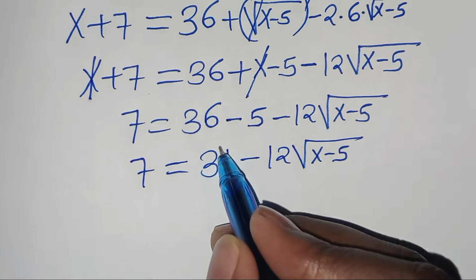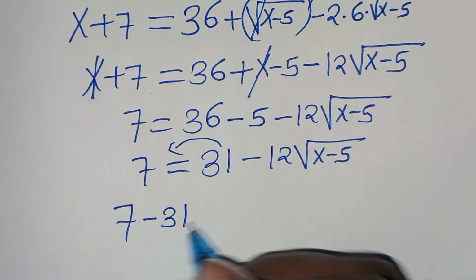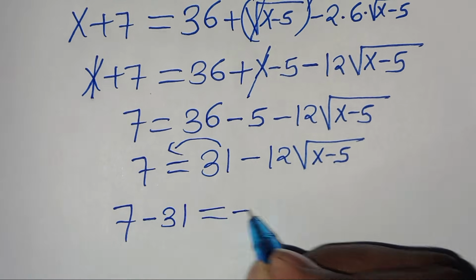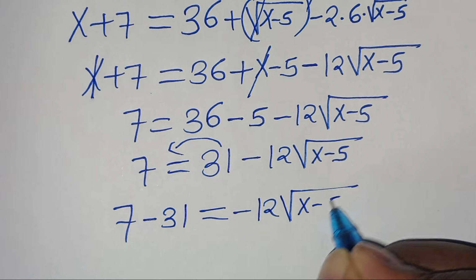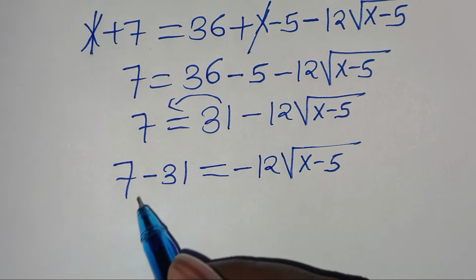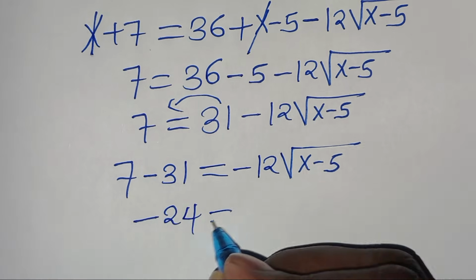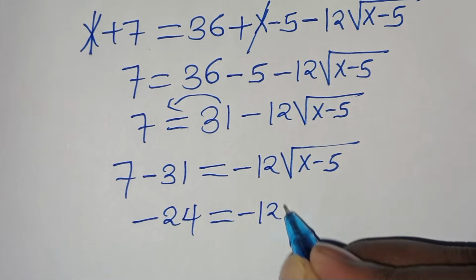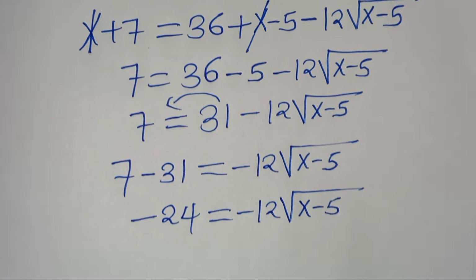Now, let's take 31 to the left hand side so that we have 7 minus 31 equal to negative 12 square root of x minus 5. Now, 7 minus 31 is equal to negative 24, which is equal to negative 12 square root of x minus 5.